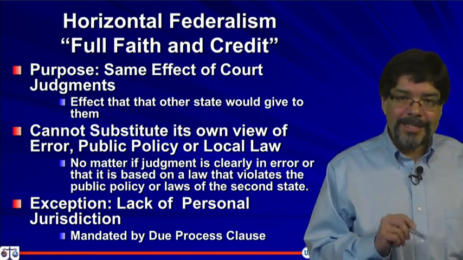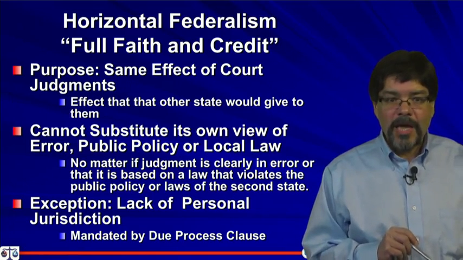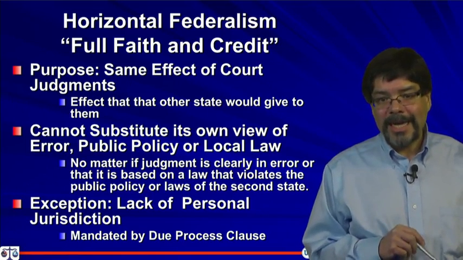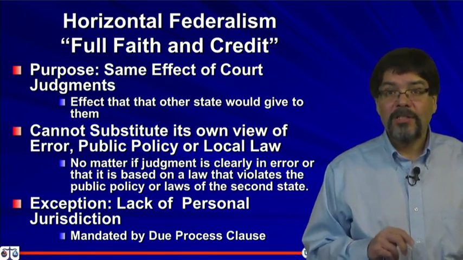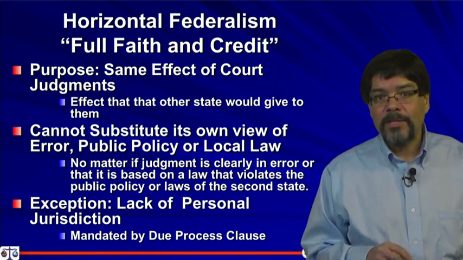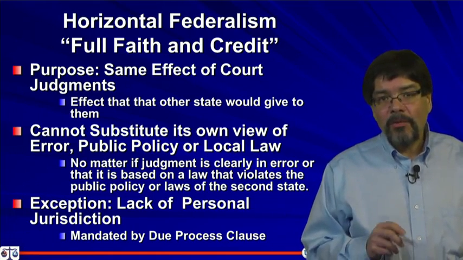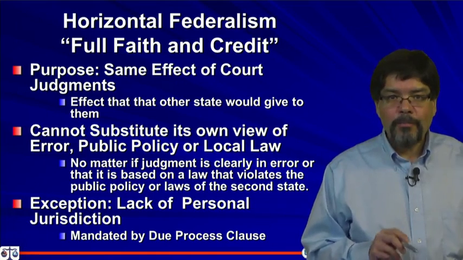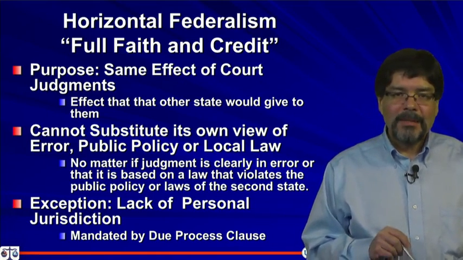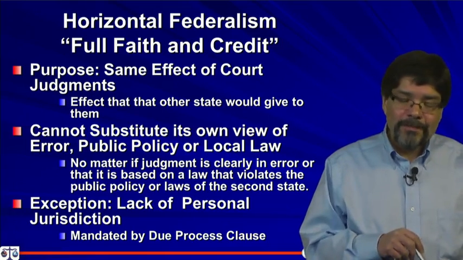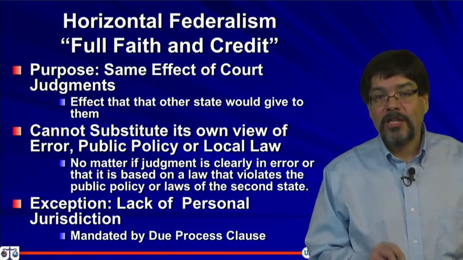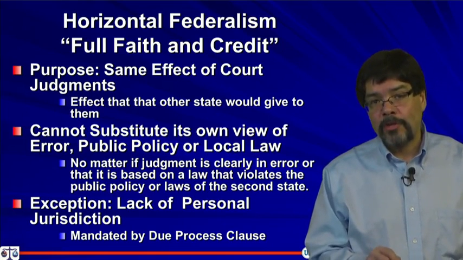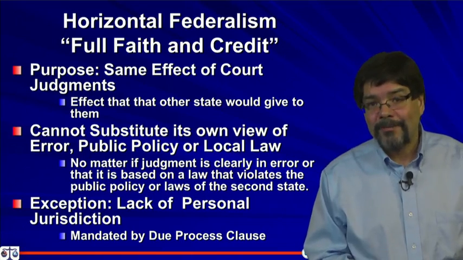And that means that the second state is not allowed to say that the judgment is in error or that it is based on a law that violates the public policy of the second state. They simply must enforce it. The only exception is lack of personal jurisdiction, meaning that the first court did not have the legal authority to order the individual party against whom the order was issued to do anything.